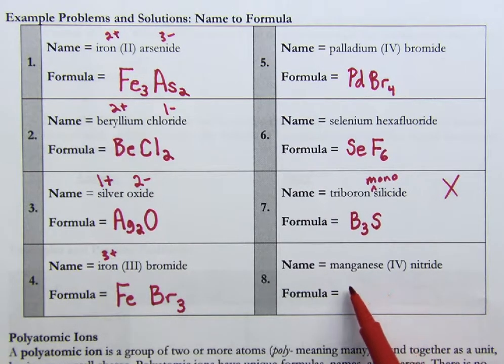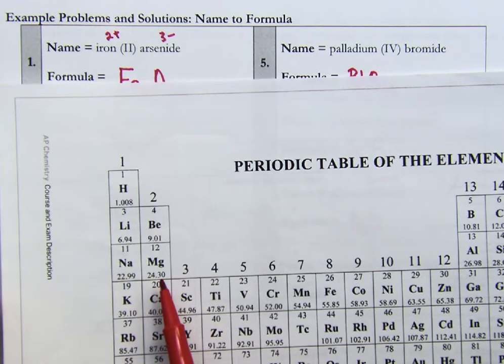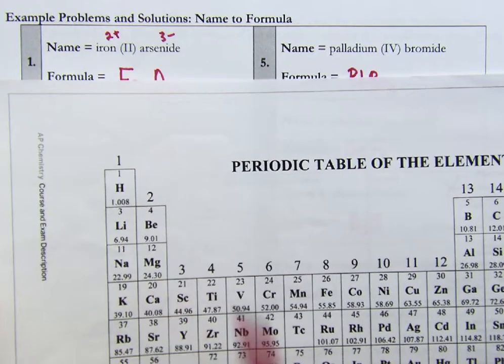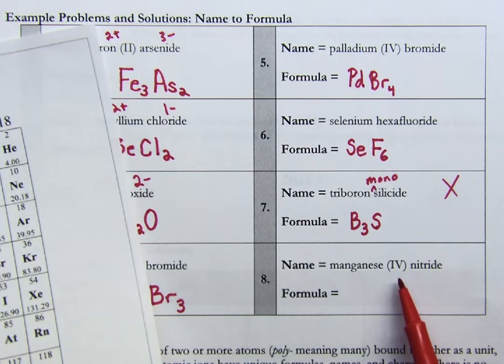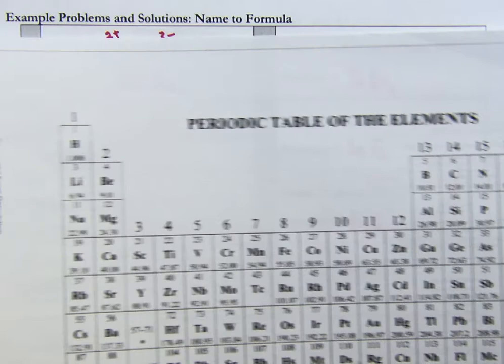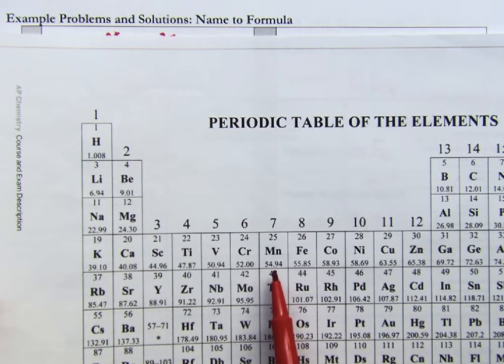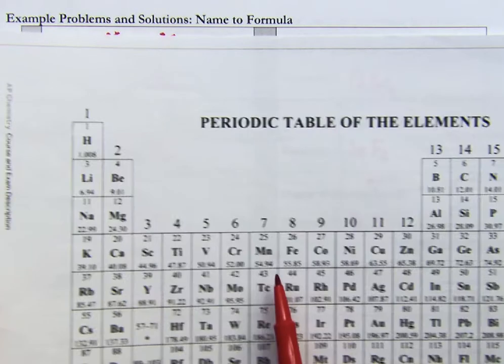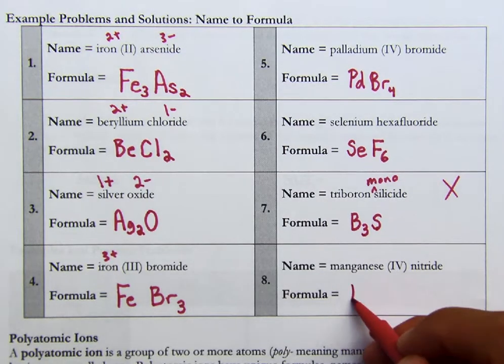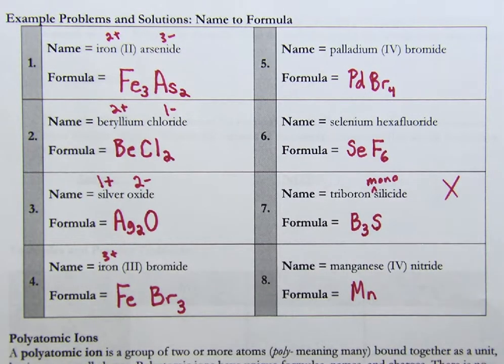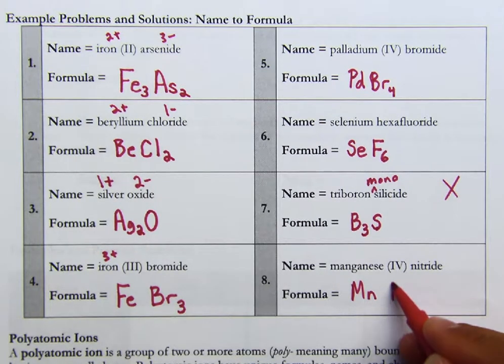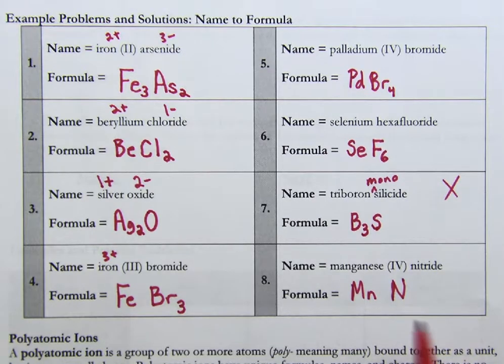Manganese looks a lot like magnesium, right? You see that and you go, oh, maybe it's magnesium. Well, if it was magnesium, it would be a type 1 compound, and it's not, because you can see it has Roman numerals. It's manganese, which is actually Mn, which is here in the middle of the periodic table. It's a type 2 metal. So Mn, not Mg, Mn, that's manganese. And then you have nitrogen, which is nitride, which is N. Nitrogen has a -3 charge.